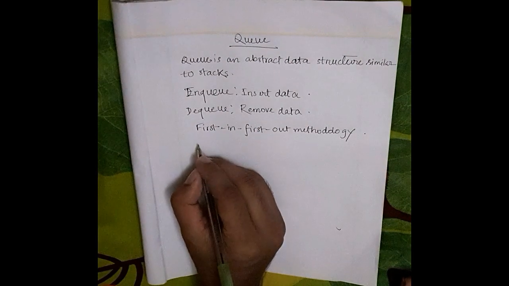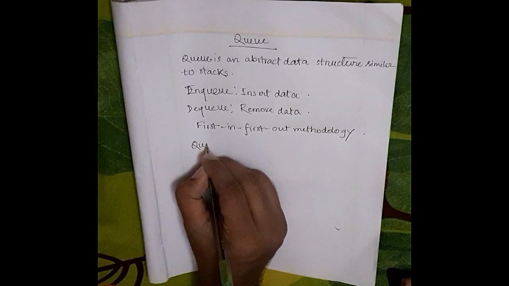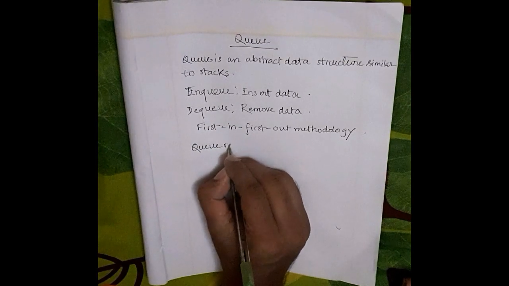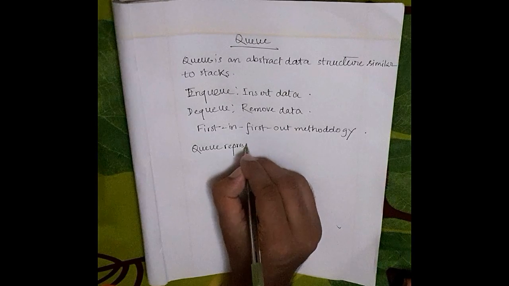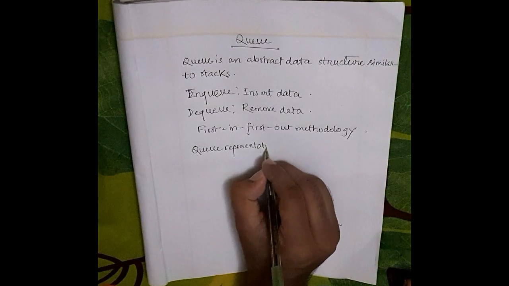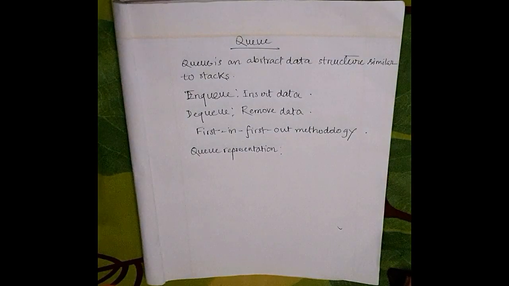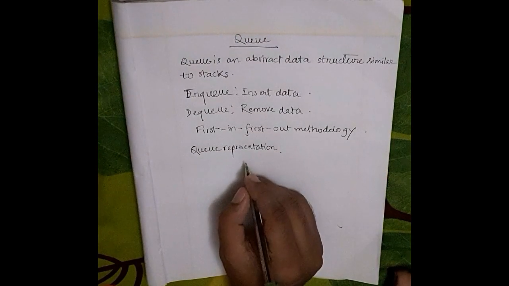Now let's get into queue representation. As we now understand, in a queue we access both ends for different reasons. The following diagram tries to explain queue representation as a data structure. So let me write this down.